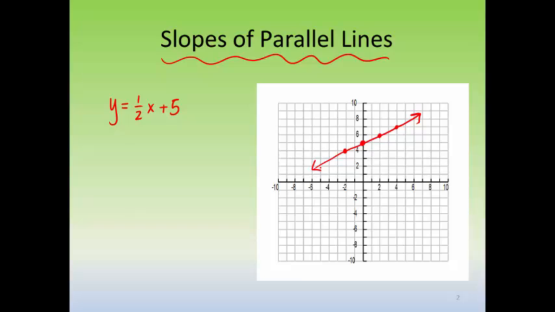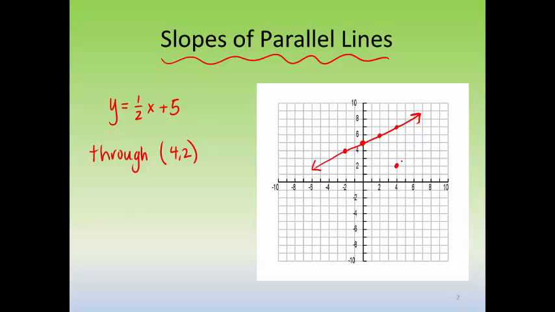If I wanted a parallel line to this, and let's say I knew that this line had to go through the point 4, 2, I'm going to go ahead and graph the point 4, 2.